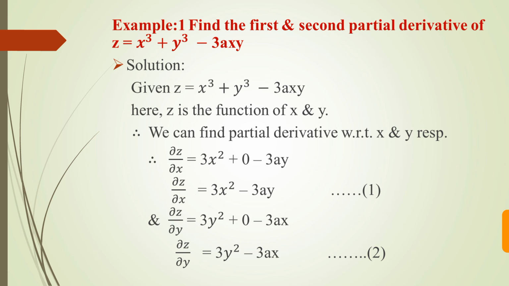Okay, and we get ∂z/∂x is equal to 3x square minus 3ay. I call this equation number one.